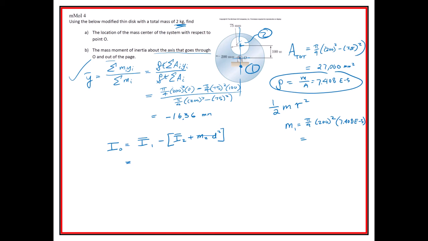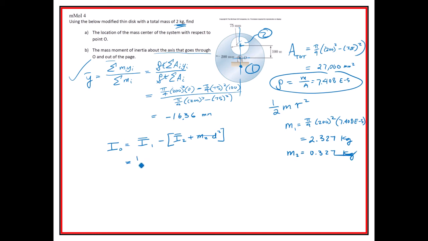Which is going to be 2.327 kilograms, and therefore we know that M2 is, of course, negative 0.327 kilograms.